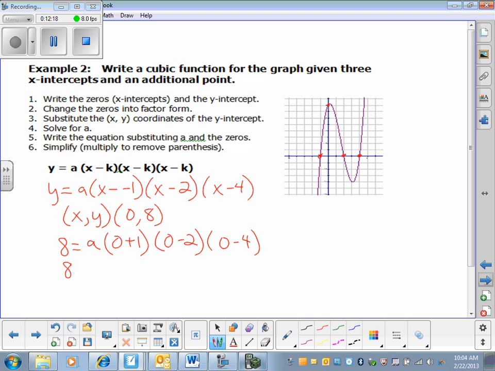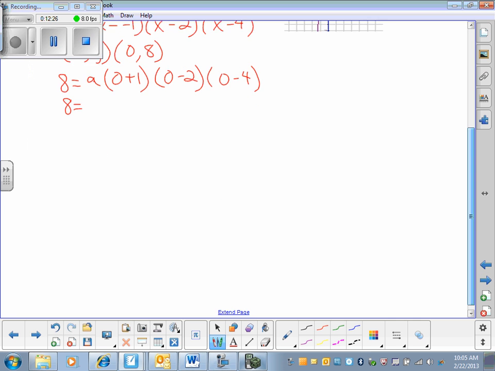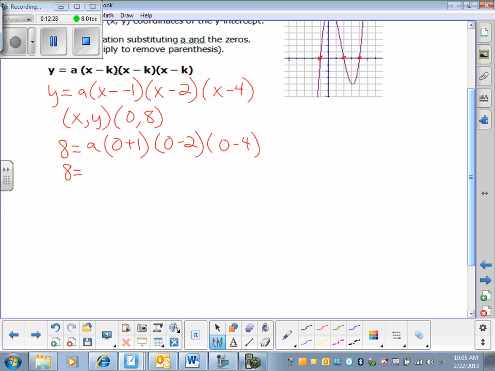Or 8 equals a times 1 times -2 times -4. What's -2 times -4? Positive 8. So we got 8 equals 8a. Divide by 8, and you get a is 1.